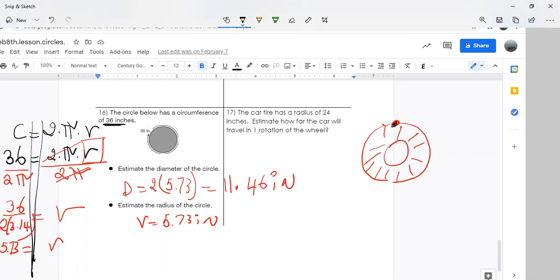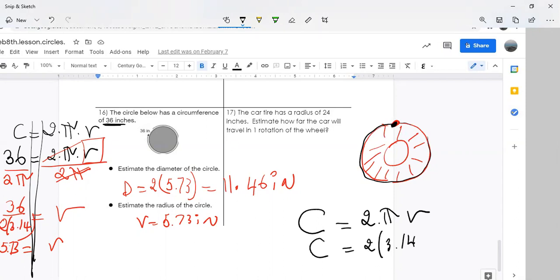So if it turns once, you're going to go around the tire one time. Well, if I go around the tire one time, what is that? That's the circumference, right? So c is equal to 2 times pi times the radius. And the radius is 24, so c equals 2 times 3.14 times 24 inches.